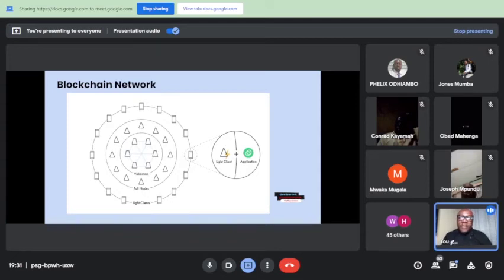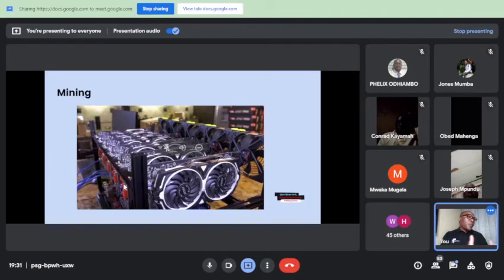The first is the full nodes. Full nodes contain an entire copy. And remember, when I speak about nodes, nodes are basically computers. As I showed you here, this is a mining rig, so this could be a node.